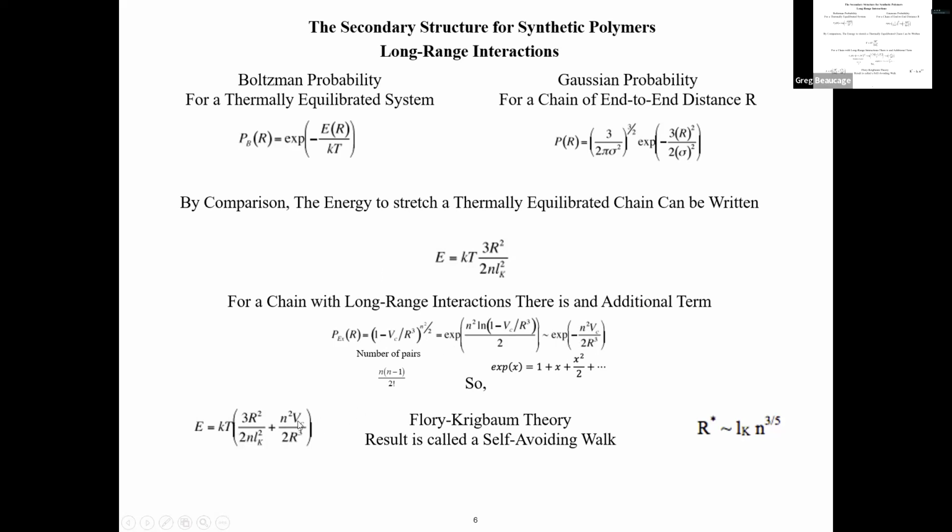Then you're accounting for a self-avoiding walk, which ends up giving you, instead of n to the 1/2 or a fractal dimension of 2, 3/5 or a fractal dimension of 1.67, which is a lower dimension, meaning that it's a larger object. If you have a dimension of 1, that's as big as you can get. That'll be a rod, like a rod spinning around in space.